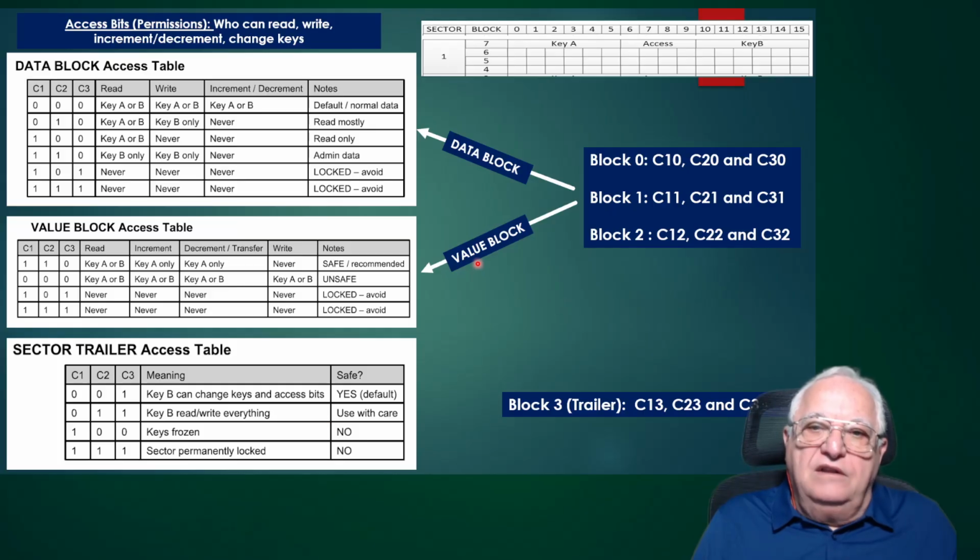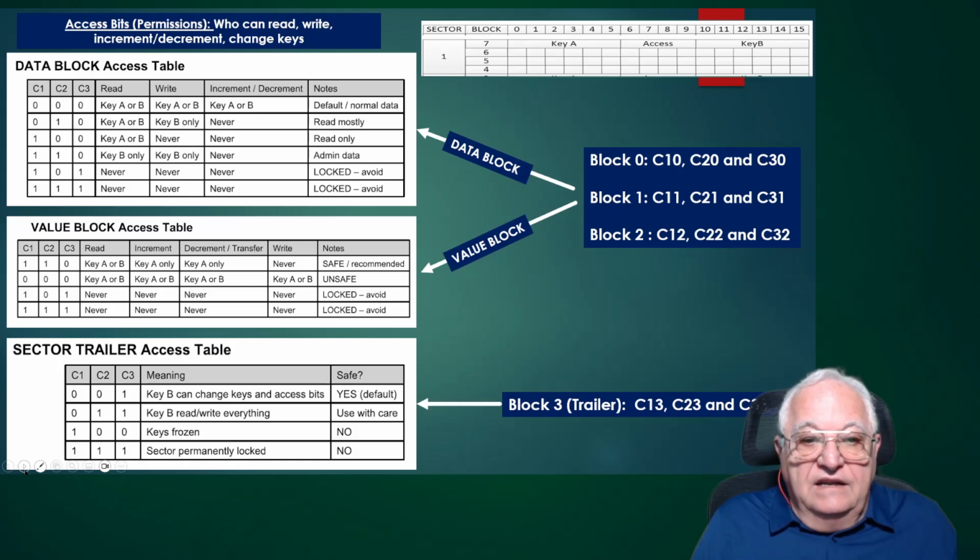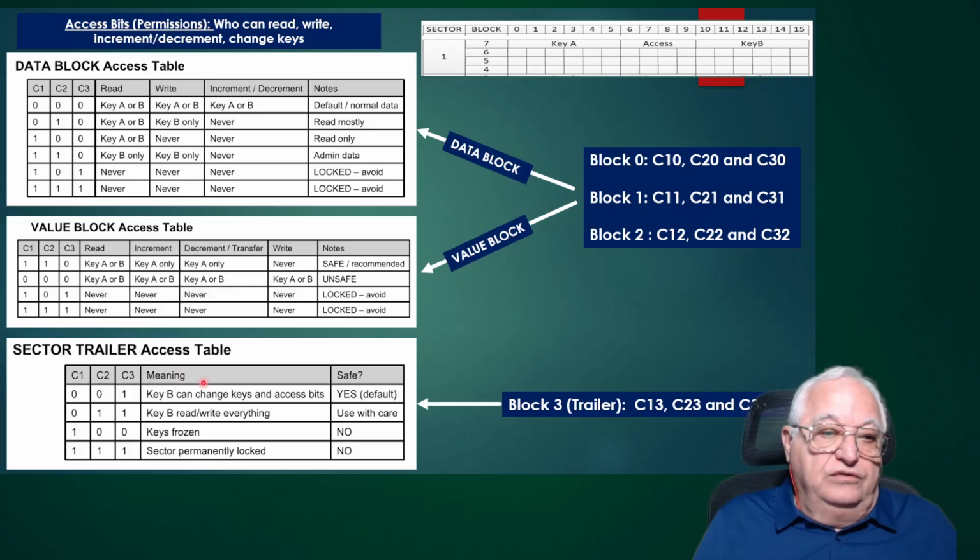If I have a value block, according to how I stored the data, then these C1, C2, C3 values define the access. And finally, for block 3, which is C1_3, C2_3, and C3_3, the sector trailer is going to be like this. Okay, so now we have those parameters. We know what values we want to set these parameters to.